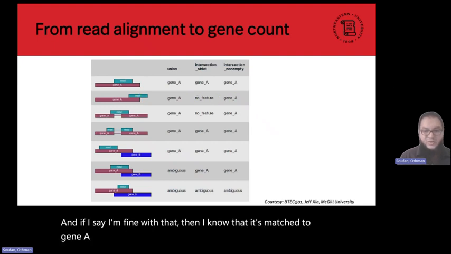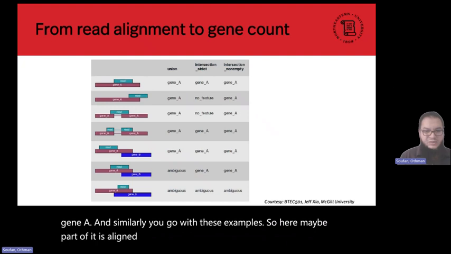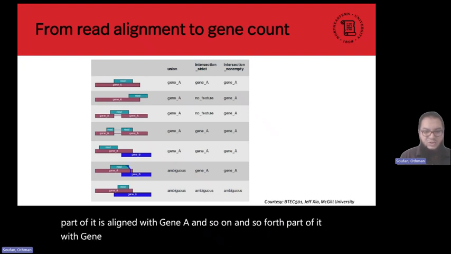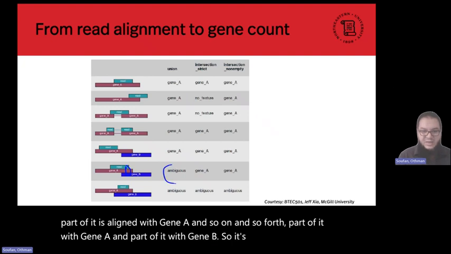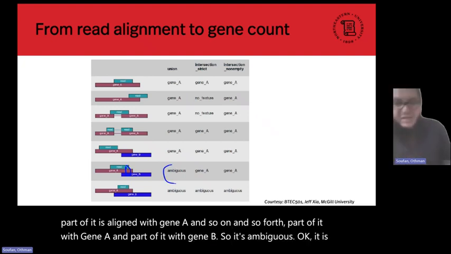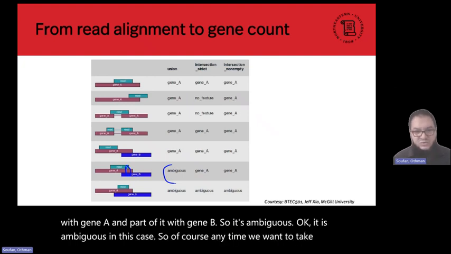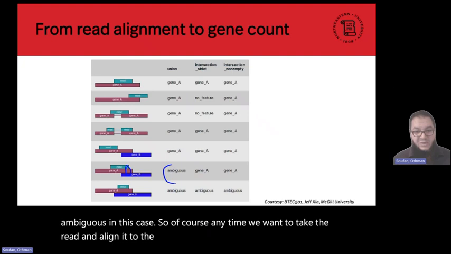Similarly, you go through these examples. Here, maybe part of it is aligned with gene A and part of it with gene B. So it's ambiguous. Of course, any time we take the read and align it to the reference, we may get some challenges.